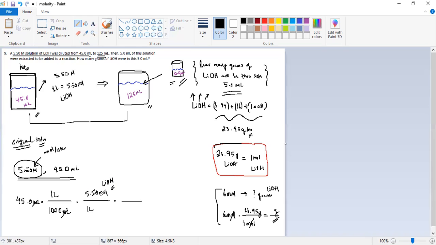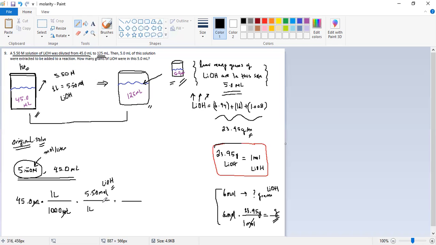And so if you were to plug this into a calculator, you would essentially get how many moles are in 45.0 milliliters. I'm just going to go ahead and plug this into a calculator here. So you do 45.0, and then of course you multiply that by 5.50.